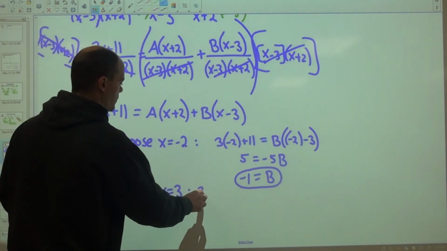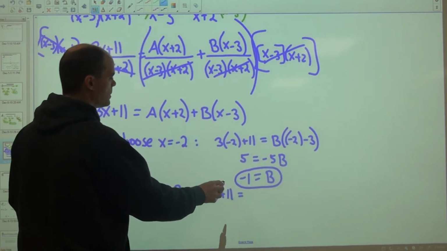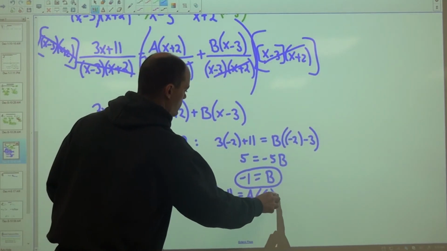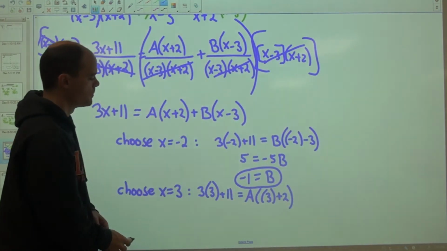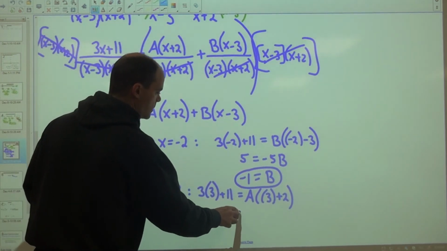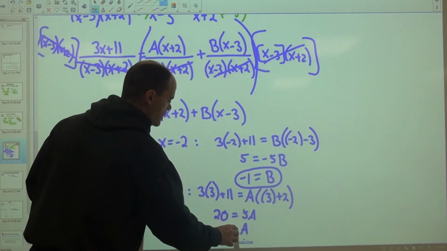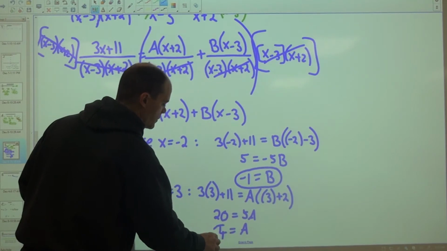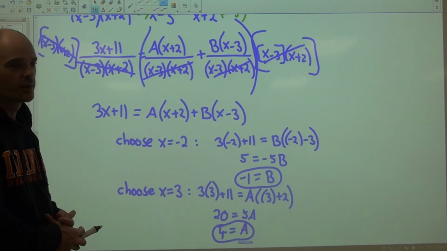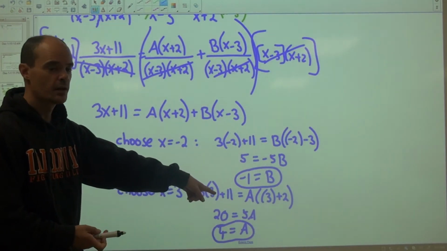I'm going to end up with 3 times 3 plus 11 equals a times 3 plus 2. 9, get 20 on the left, and I get 5a on the right, so it looks like a equals 4. And we're done? No, we haven't even done any calculus yet, but we found our a's and our b's.